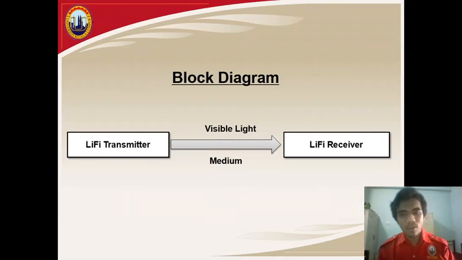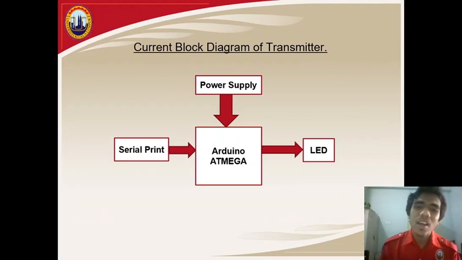After that, the block diagram. We know that for transmission communication, there will be a transmitter and the medium between the transmitter and the receiver. So, going first with the transmitter, I use an Arduino Atmega as the processor.